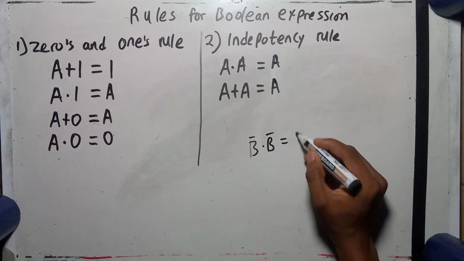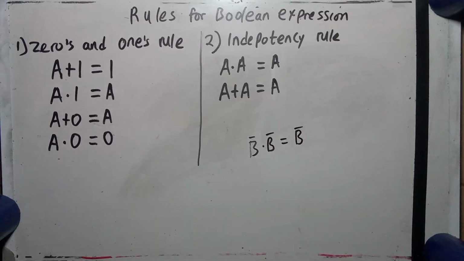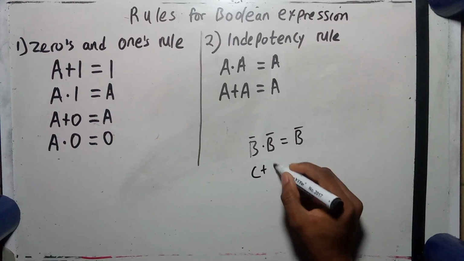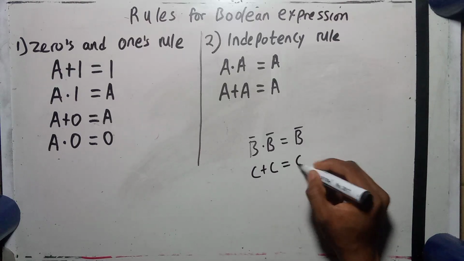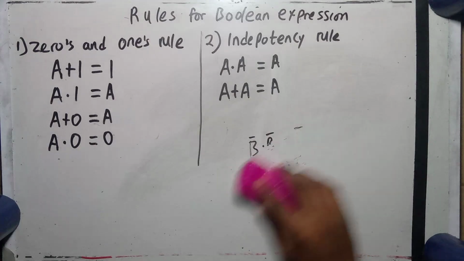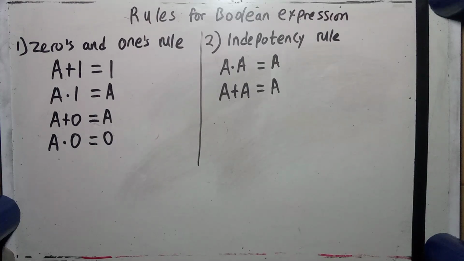This will definitely give you B bar. You can also have C plus C. This will definitely give you C. So as long as they are alike, they will give you the same answer.